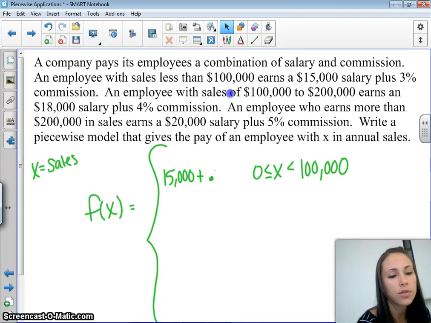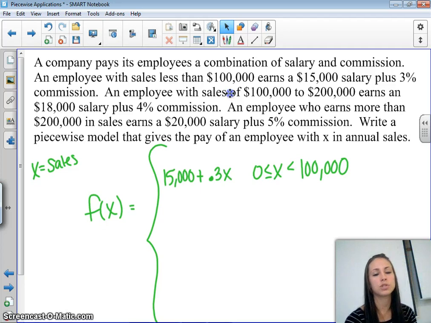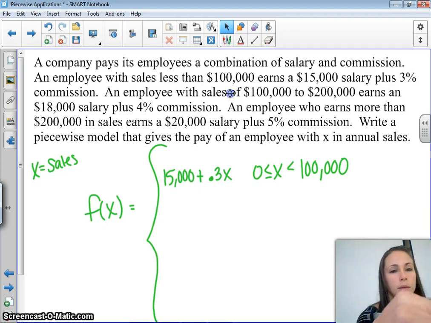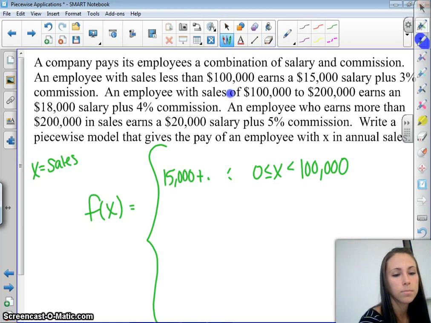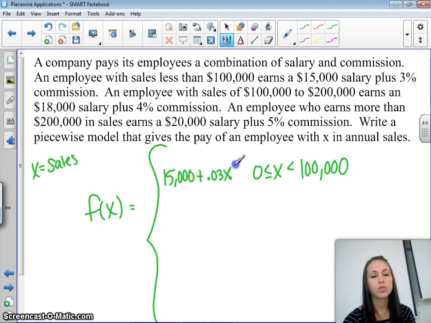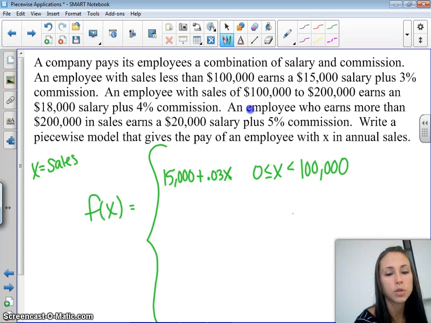So I would represent 3% of my sales by just 0.03 times x. So this would be 3% of whatever I sell, and then plus my $15,000 salary, and that's what I would earn.